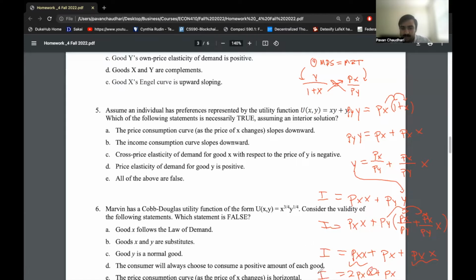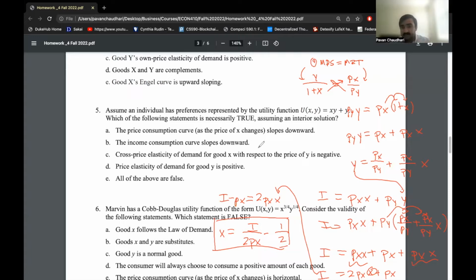We subtract px on both sides, so it's I minus px equals 2 px x. Then we divide by 2px on both sides, so we get x equals finally I over 2px minus 1/2. The px's cancel out on the second one. Good, so this is demand for x.